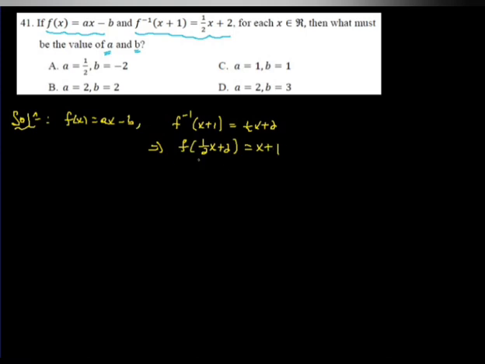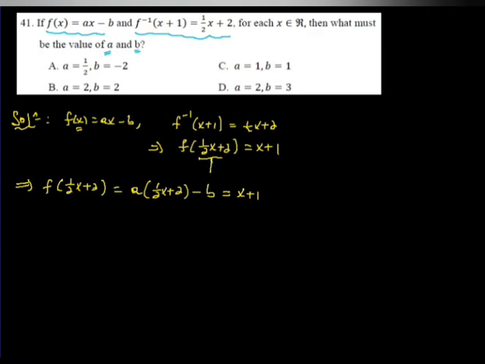Now we substitute this half of x plus 2 in f, and the result is x plus 1. So f of (half of x plus 2) means a times (half of x plus 2) minus b, which will be x plus 1.